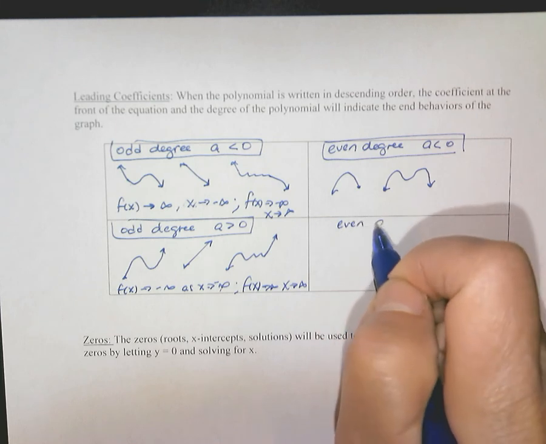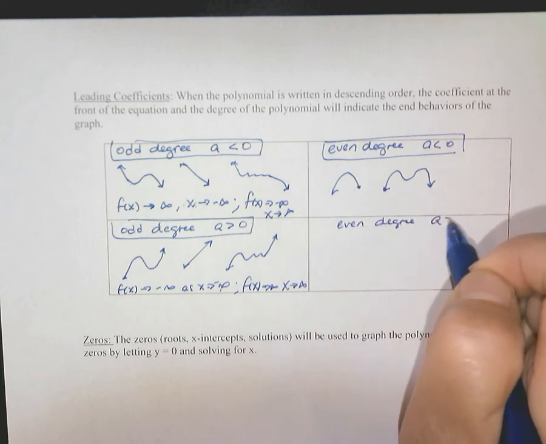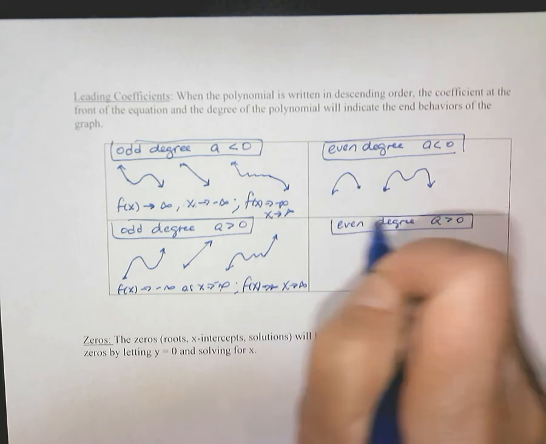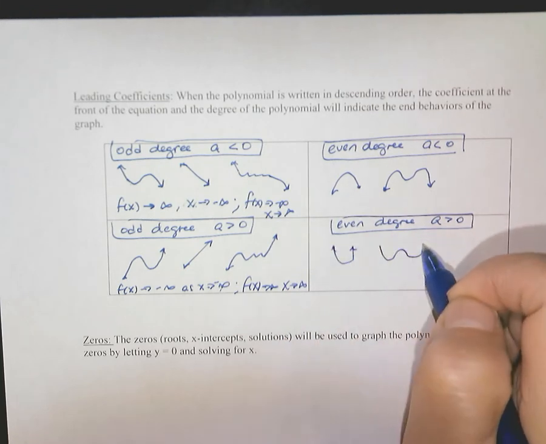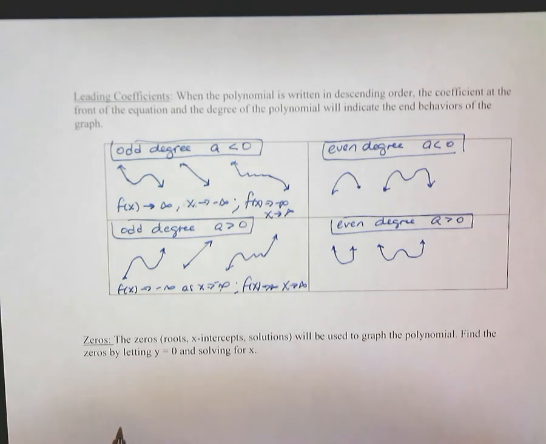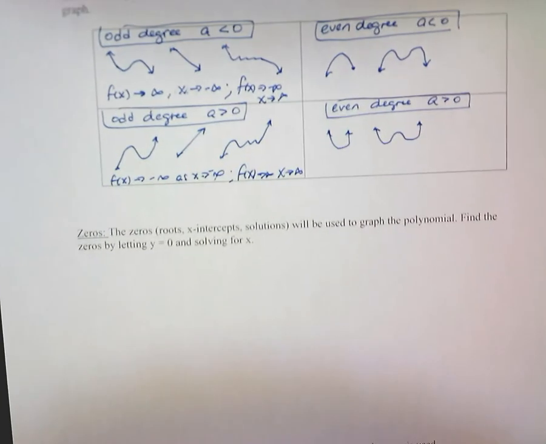Even degree with a positive leading coefficient, both going in the same direction, so it's going to open up. And we're going to use this to sketch graphs, and the sketching of the graphs, once you get the hang of it, is pretty easy without a calculator even.